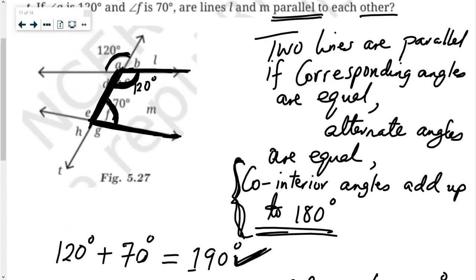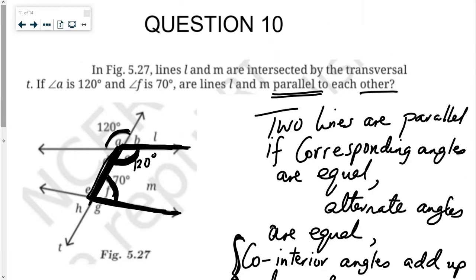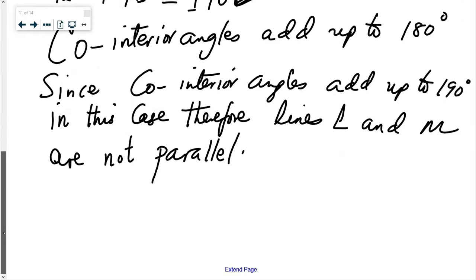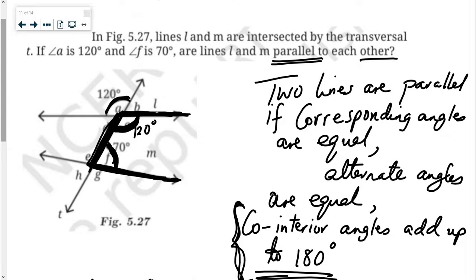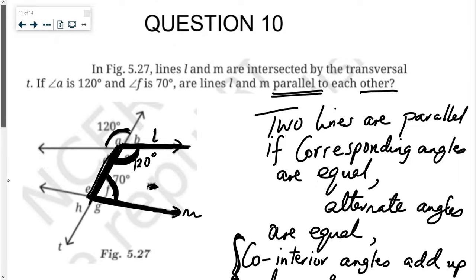Okay? Because we got 120 plus 70, which is in letter C, we got something which is not equal to 180. We got 190. Because of that, these lines L and M are not parallel. Okay?